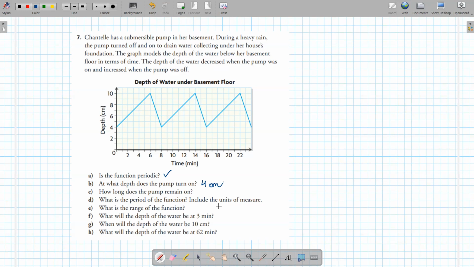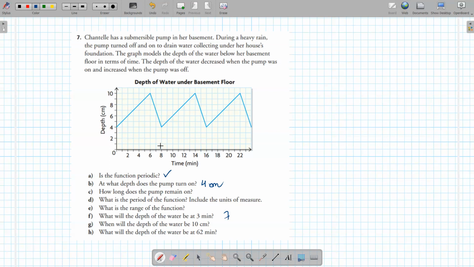So at 3 minutes, let's see. So minute is down here. You go up here, it's going to be 7. 7 centimeters.